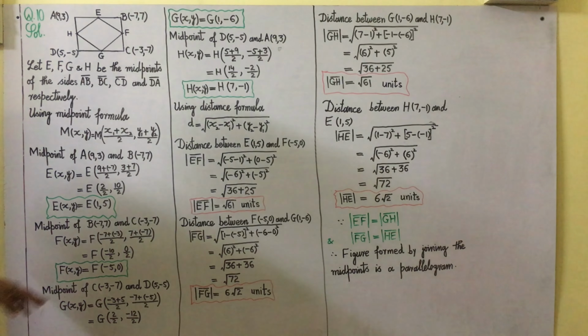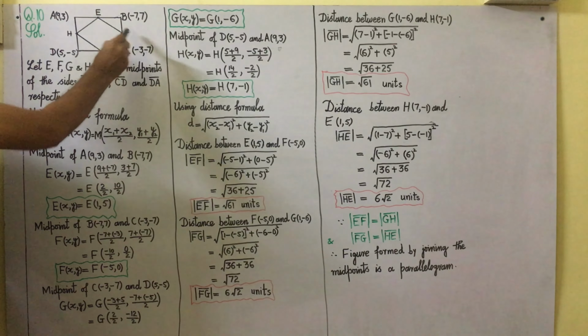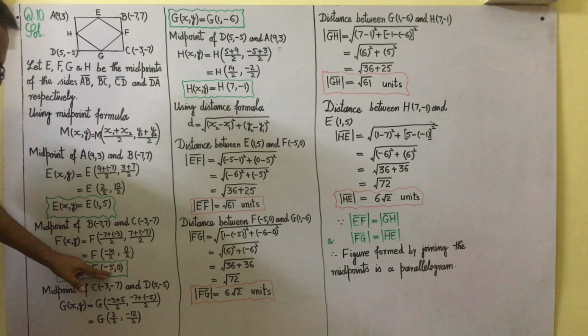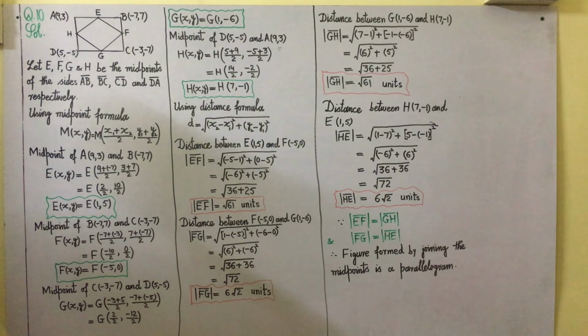So the coordinates of the midpoint of B and C, which is F, are (-5, 0).